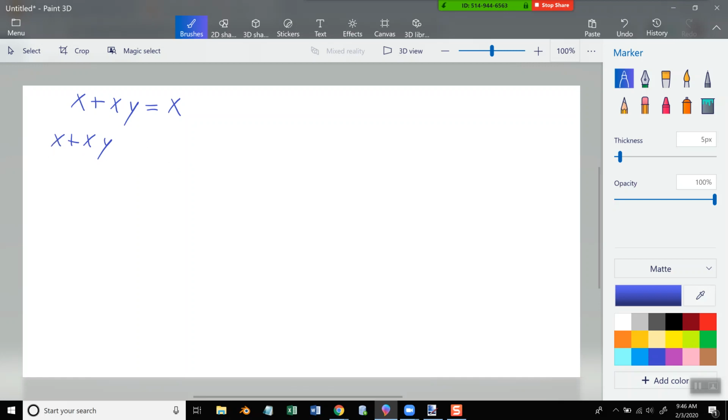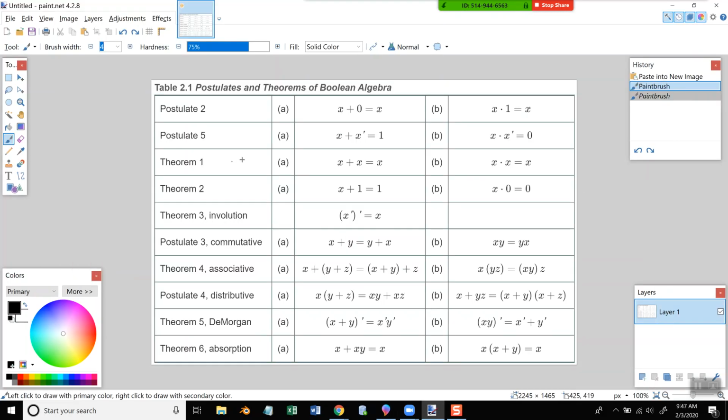But we'll see. I'm looking for two things that have a plus between them. And this is a single item. This is a single item. And they're the same. Okay. And let me just make this a little bit easier. That's gone. That's gone.